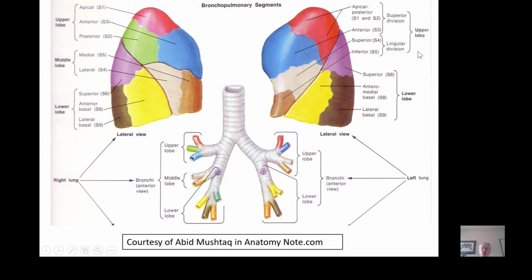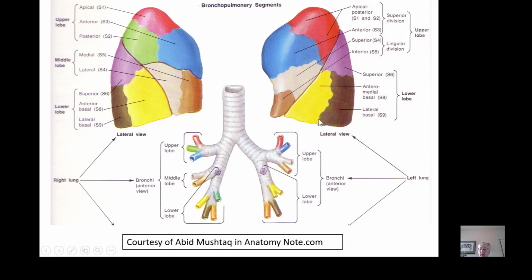Here's a picture which shows that the lung is not only divided into lobes, but is also divided into lobe segments, and that they're slightly different in the right and the left lung. For instance, in the left lung, one has a lingula, which is divided into superior and inferior aspects, instead of what one sees in the right lung, which is the middle lobe, divided into the medial and lateral aspects.